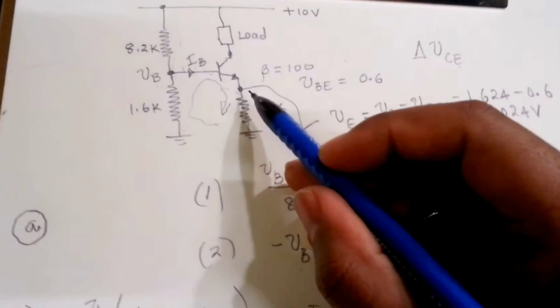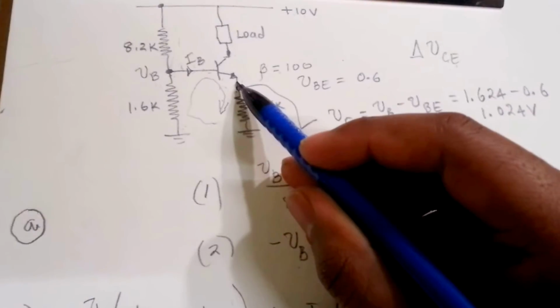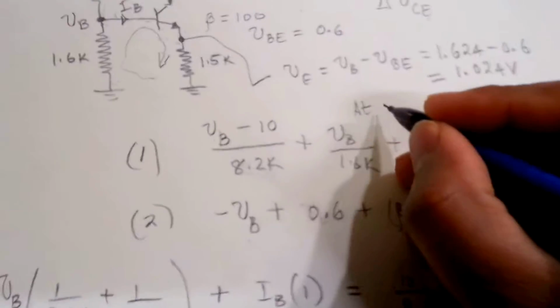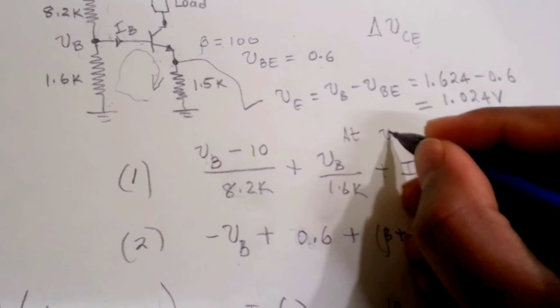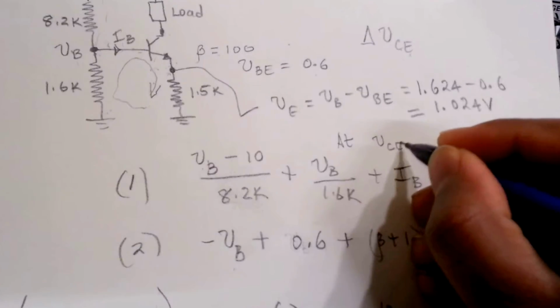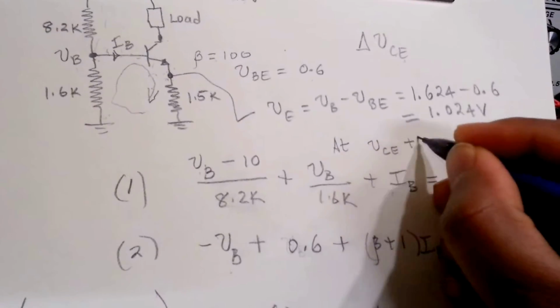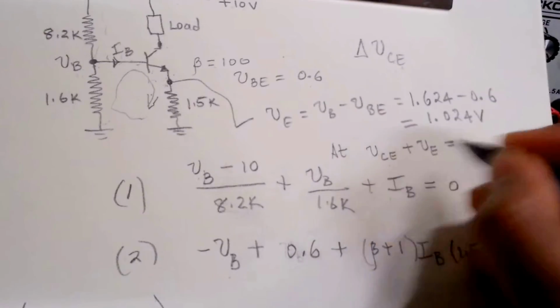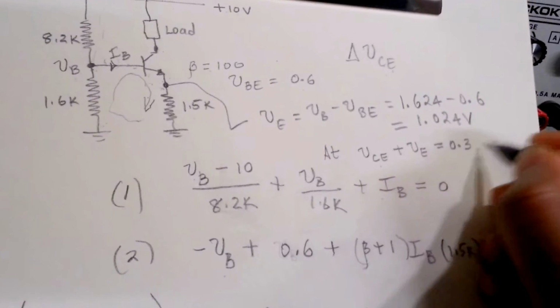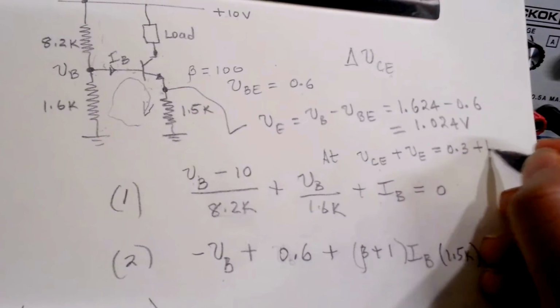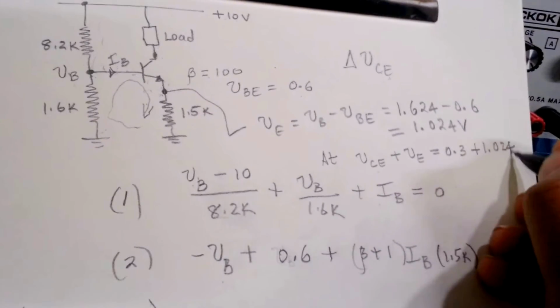So the transistor will go into saturation at VCE plus VE, and VCE is 0.3 plus the VE we already know, 1.024.